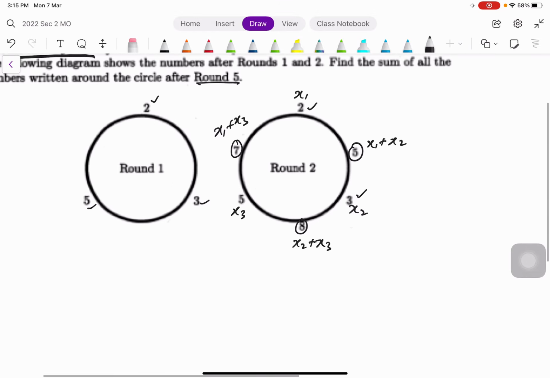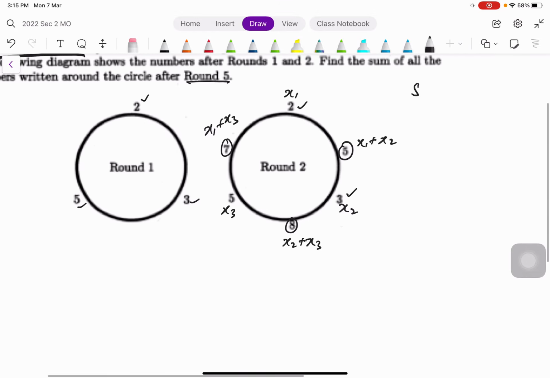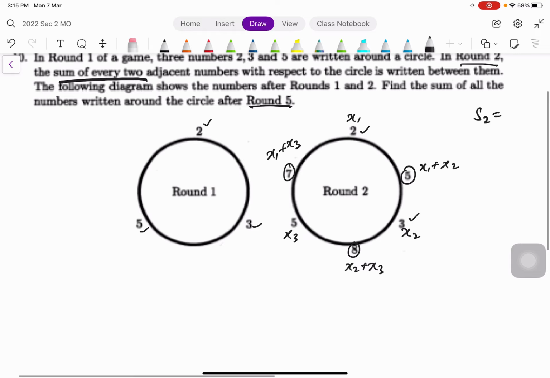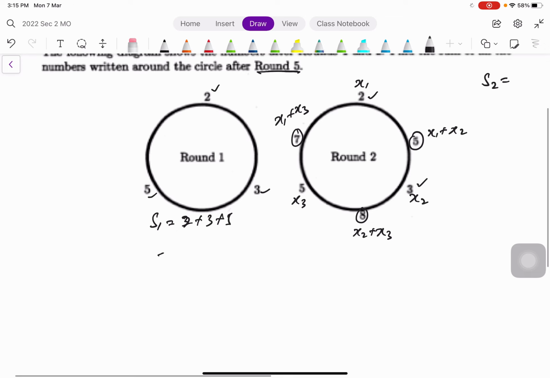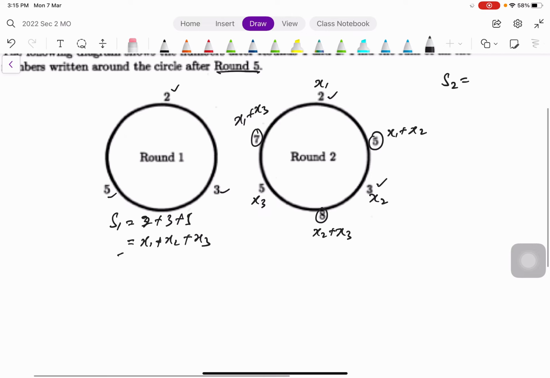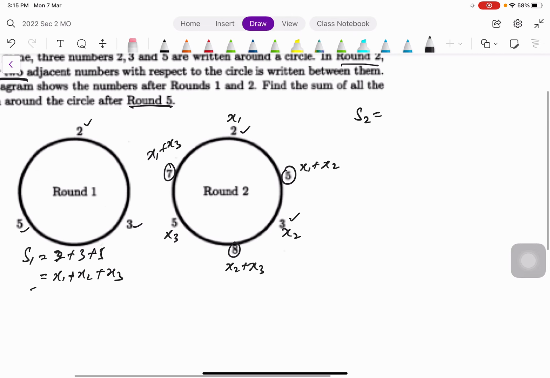Right? Therefore, in this case, can you see that the sum of round 1 is actually 2 plus 3 plus 5, which in general is x1 plus x2 plus x3? Then if you look at round 2, it is the original x1, x2, x3, which is x1 plus x2 plus x3.